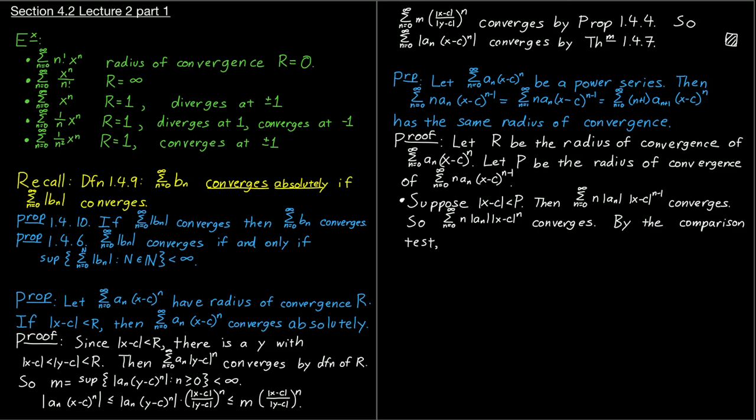Which is in section 1.4. This thing converges. So that means that our series in (x minus c) to the n, that thing converges absolutely, but we just need it to converge.